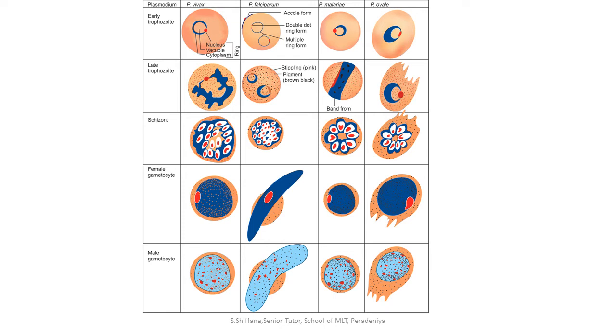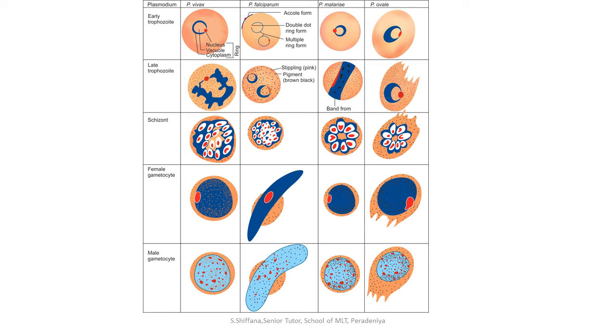Then in the late trophozoite stages, again the cytoplasm of the parasite is thick compared with the other three species, and the red cell is fimbriated, that means a broken edge RBC. Again, when the late trophozoite converts into the schizont, here also the red cell is oval in shape and fimbriated, that means a broken edge RBC.